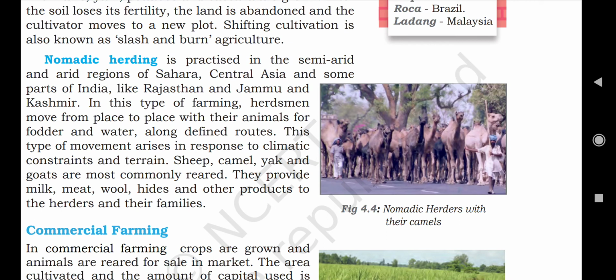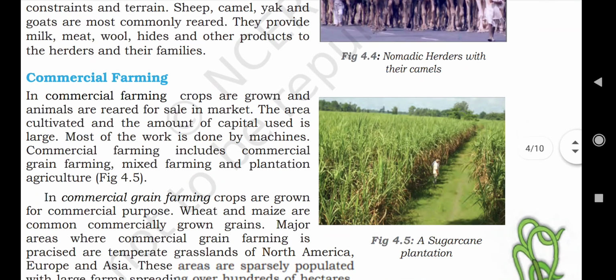Sheep, camel, yak and goats are most commonly reared for nomadic herding. These animals provide milk, meat, wool, hides and other products to the herder and their family.